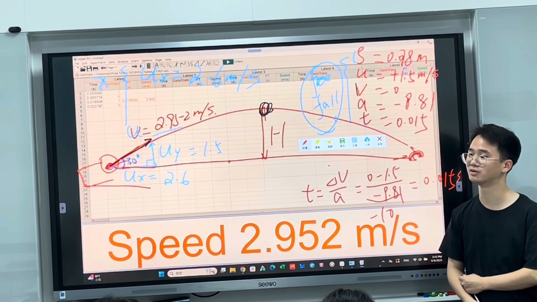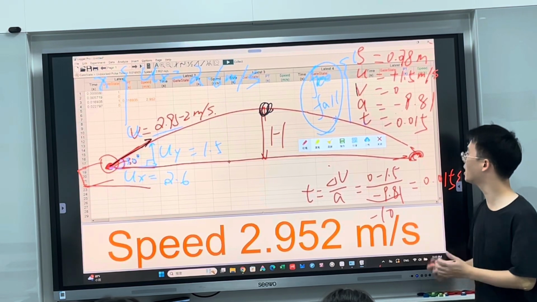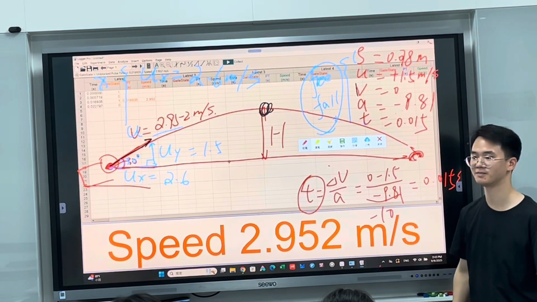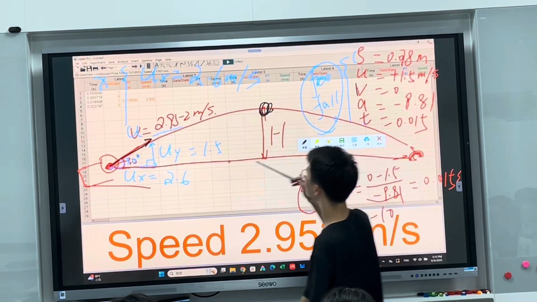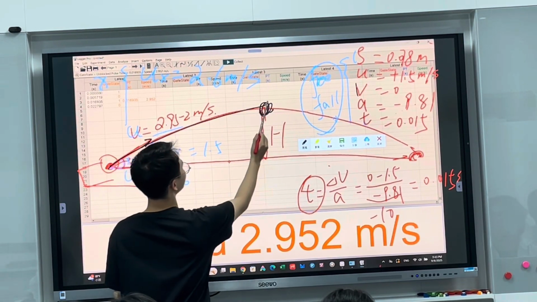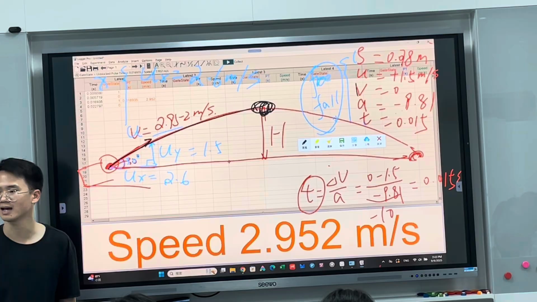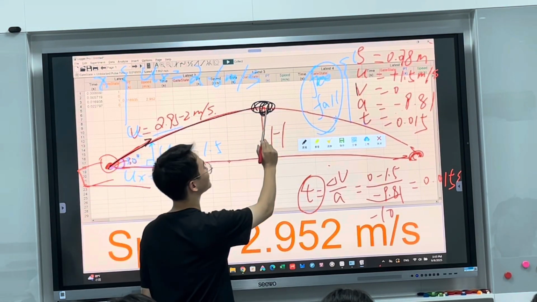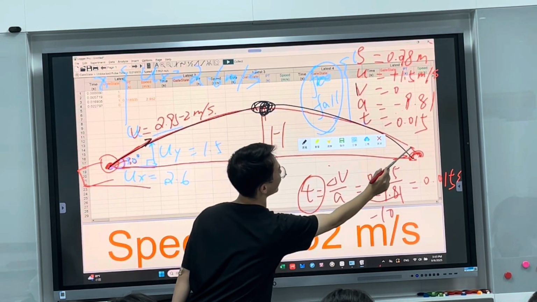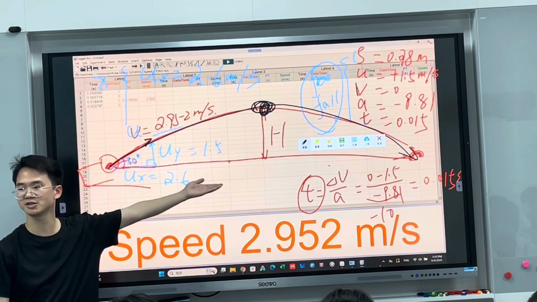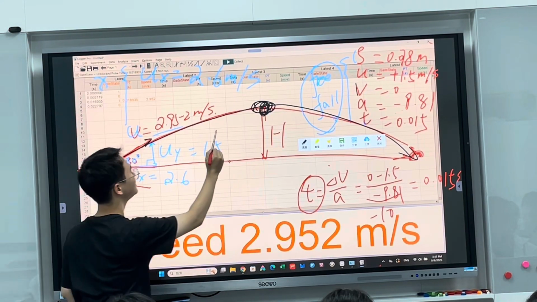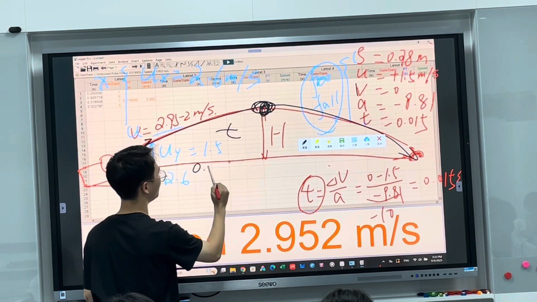Times 2, because it goes up and back down. What is this time that you solved? The time you solved is half of the range, when it reaches the maximum height. It takes the same amount of time to drop from the maximum height to the original level. So this T is 0.015.